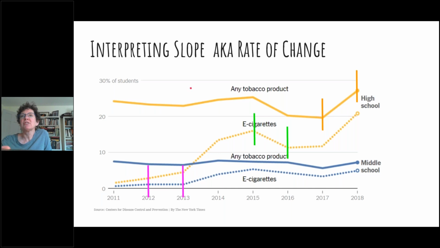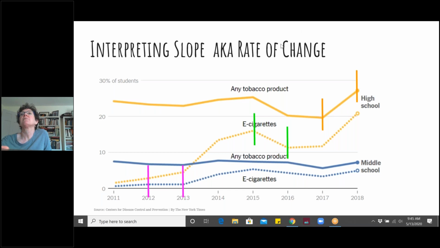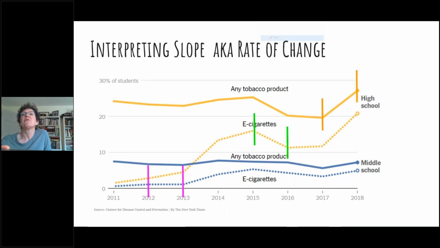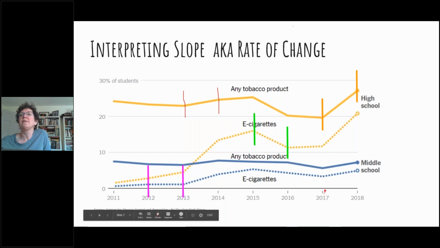So that's much steeper than if we were drawing a line from here to here. There's an increase from here to here, but this increase is much steeper. You see that? So they are both increases, but this one is a higher rate. So in 1 year, this went from 20% up to 27%.